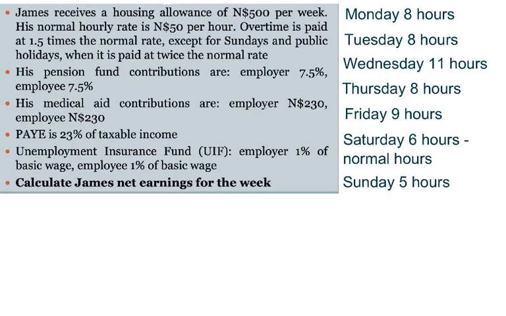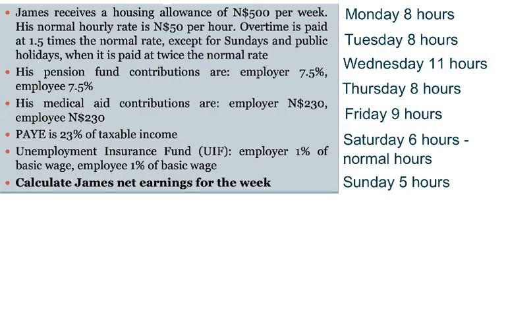Now, first of all, we can see we have a normal hourly rate. We have overtime at a normal overtime rate of 1.5. We also have a Sunday overtime rate of twice the normal rate. So first of all, we need to consider the number of hours at normal rate, the number of hours at 1.5 times, and then the number of hours at twice the rate.